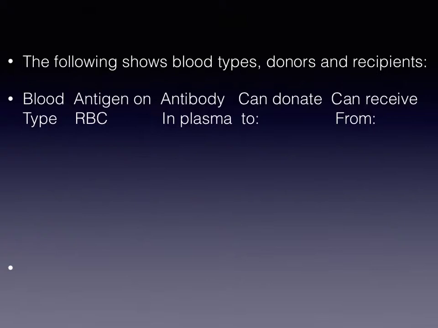So we'll start with O. O has no antigens, and it has A and B antibodies in its plasma. It can donate to A, B, AB, and O. It can only receive, though, from O.